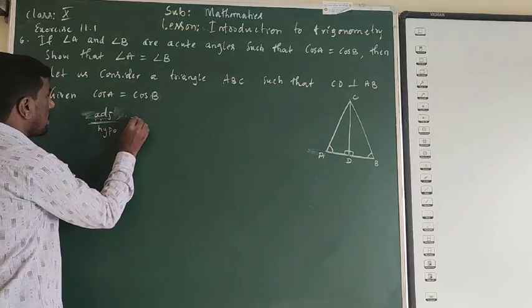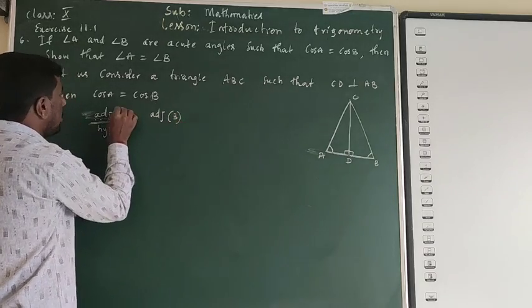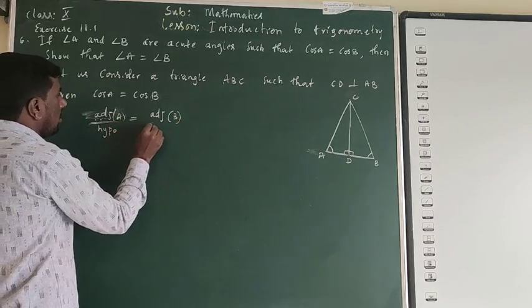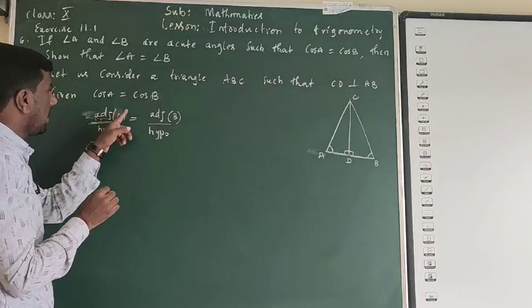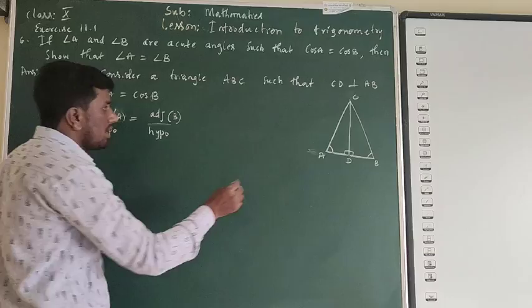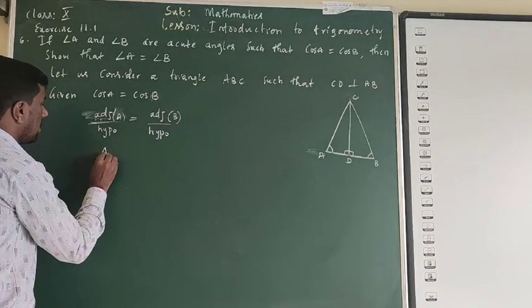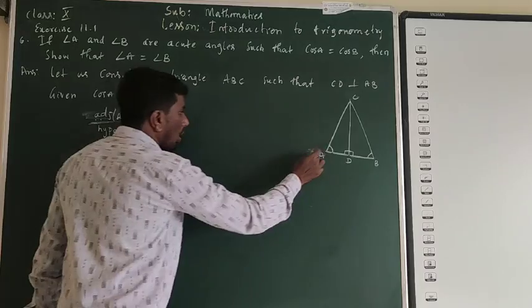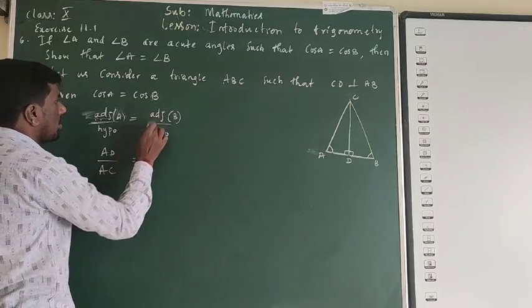So which is adjacent? Here also you can write adjacent. This is hypotenuse. This is adjacent to angle A, adjacent to angle B. Now which is adjacent to angle A? This is angle A. AD is the adjacent, right? Which is hypotenuse? AC. LHS.